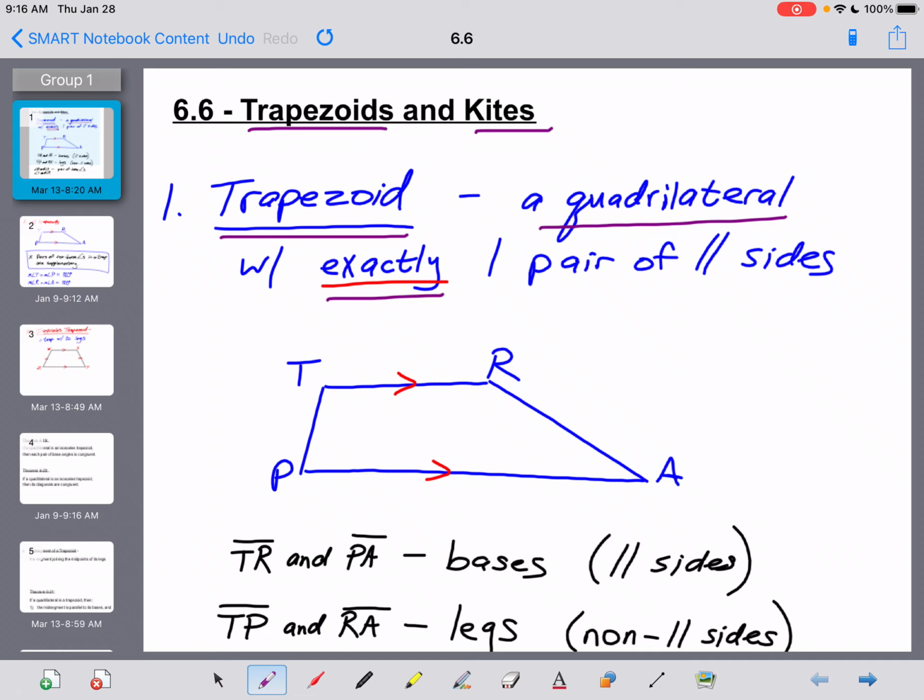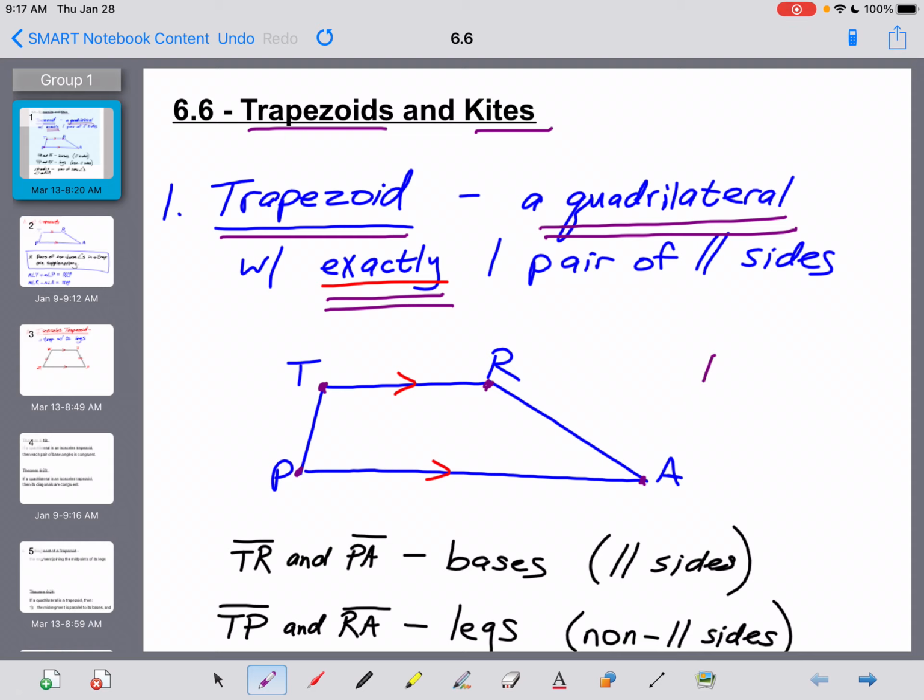So what I have drawn for you underneath right here is quadrilateral T, R, A, P, get it? Trap for trapezoid there. That is an example of a trapezoid, everybody. Why? Let's look at the definition. This is a quadrilateral. It is clearly a four-sided polygon, and it has exactly one pair of parallel sides.